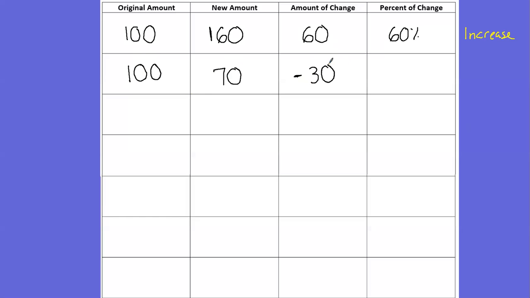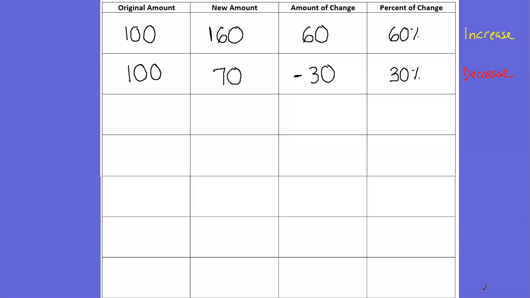So I'm going down 30. That's my amount of change. What is my percent of change? How much am I losing for every 100? Well, I'm losing 30. So this would be a 30%. And in this case, because I'm going down, I would want to call that a 30% decrease. I'm losing 30 for every 100 that I start with.